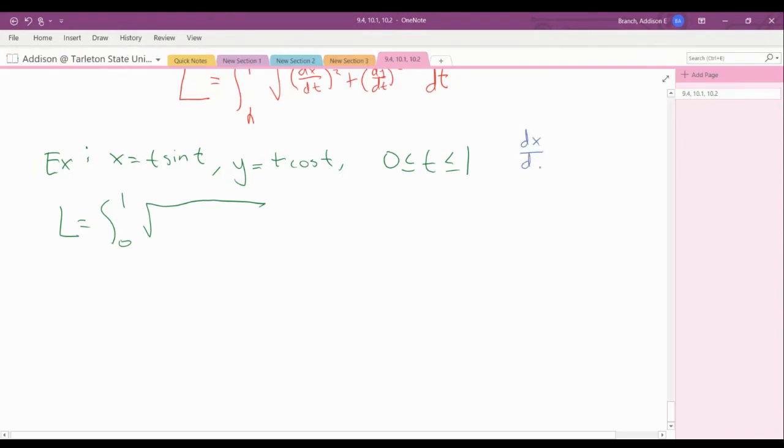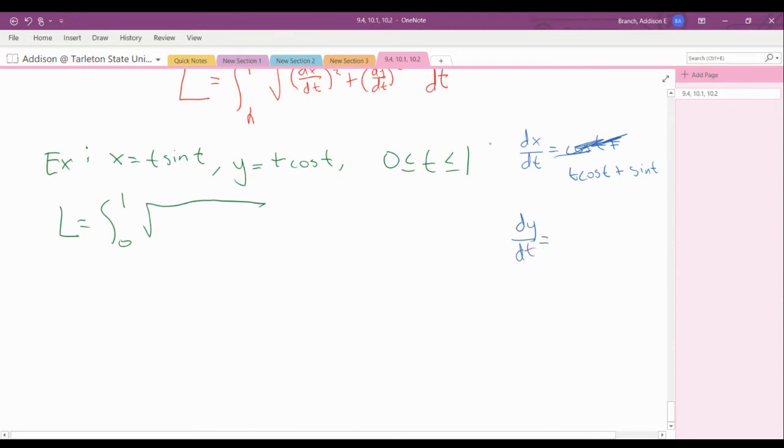Dx over dt. So we're going to have to go ahead and use our product rule right here. So we're going to do t times the derivative of sine, which is cosine, plus sine of t times the derivative of t. dy dt, we do the same thing.